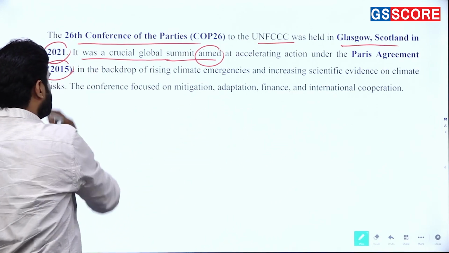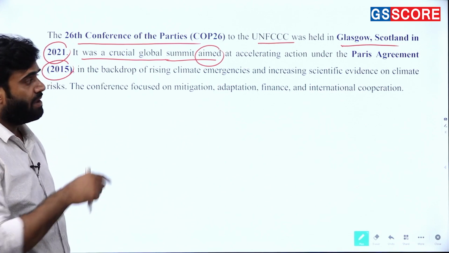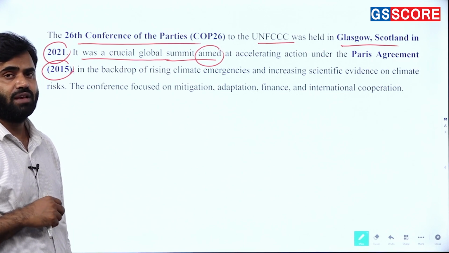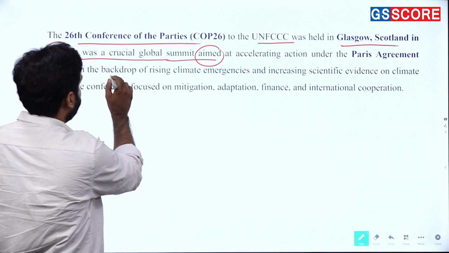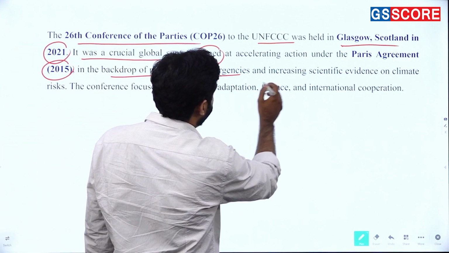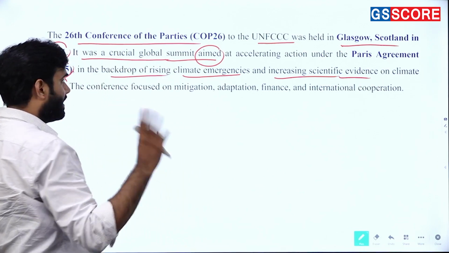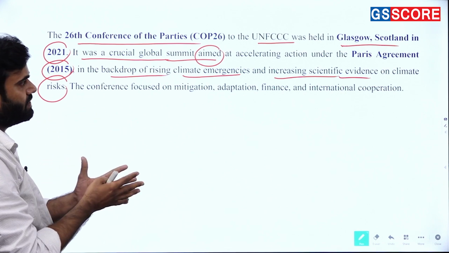In the second line, I mentioned the aim and also the Paris Agreement. कितना progress किया आपने? In the third line, the backdrop of rising climate emergencies and increasing scientific evidence on climate risk. In the third line, I mentioned the climatic emergencies.